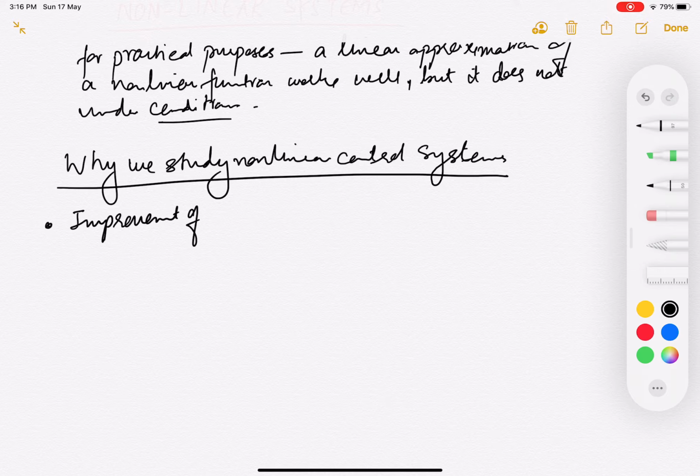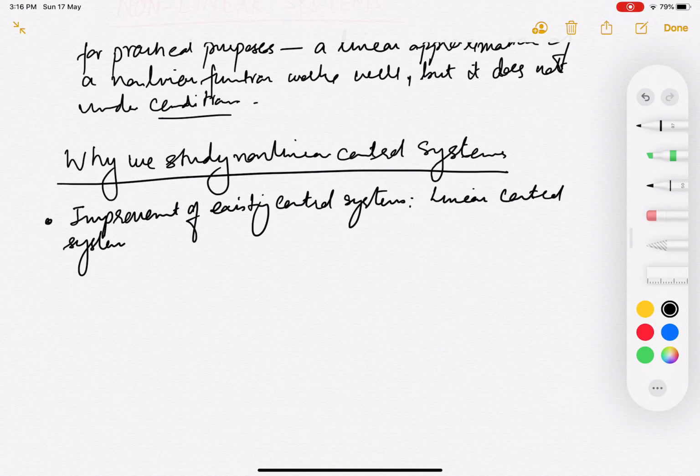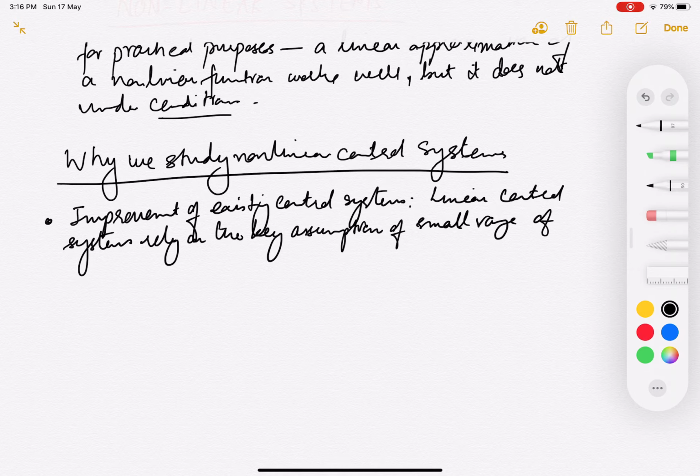Linear control systems rely on the key assumption of a small range of operation for the linear model to be valid.